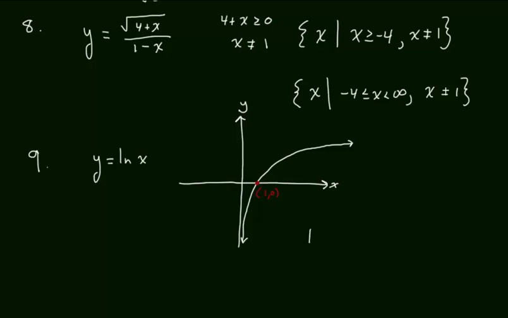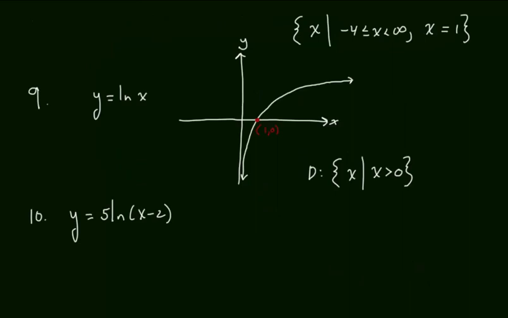Our domain is going to be the set of x such that x is bigger than 0. You could have written 0 is less than x is less than infinity. But the function is only defined for positive x values.